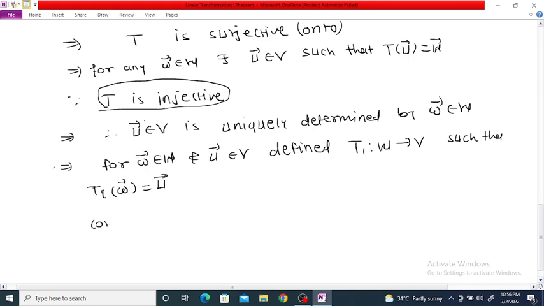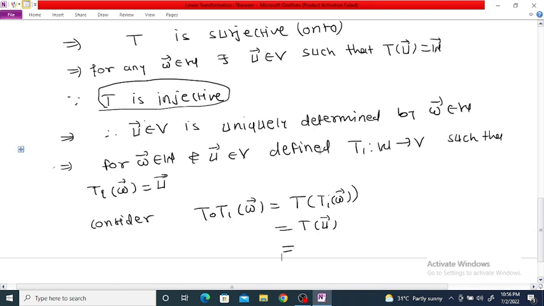Now consider T of T1 of W bar. But what is T1 of W bar? This is nothing but U bar, so this is T of U bar.